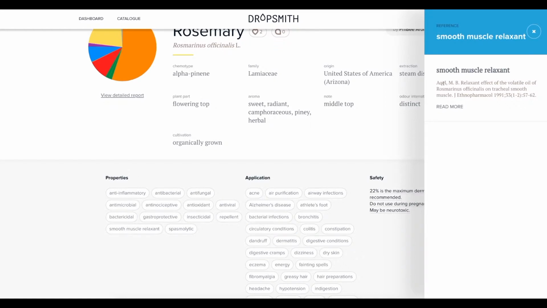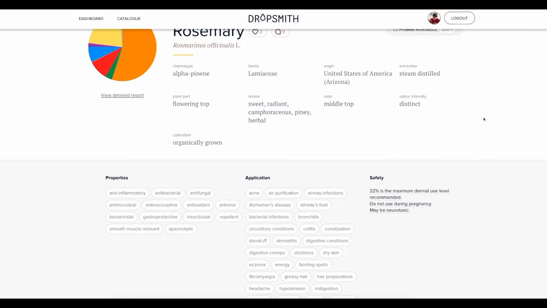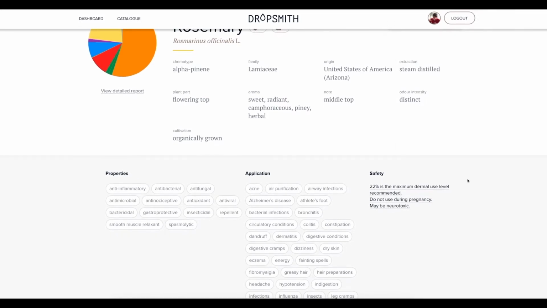Then if I'm writing a review, for example, I would just copy the reference. I could also show the articles to my clients. When I work with pharmacists, they love to see a lot of articles. It just gives that more professional look and brings value to my choices and to my blend.